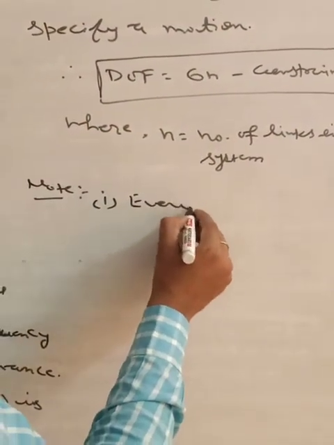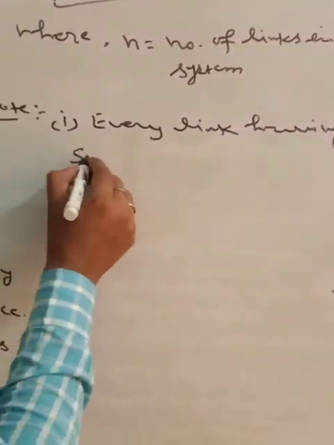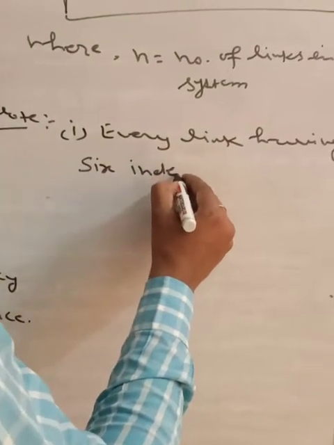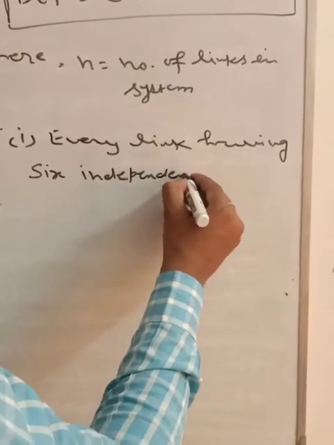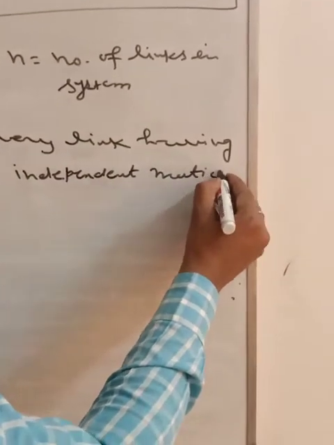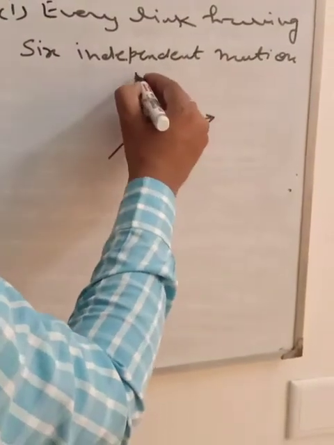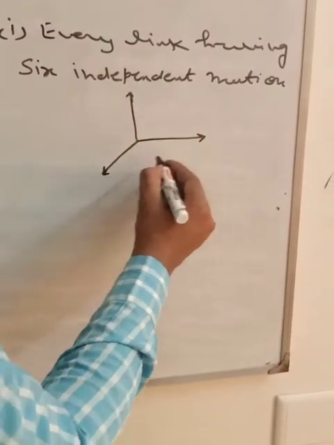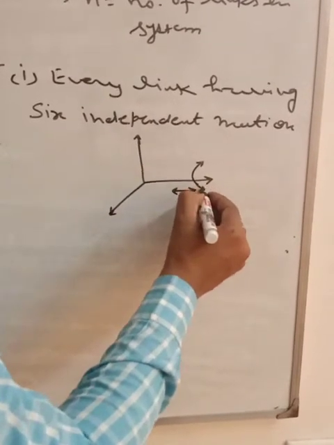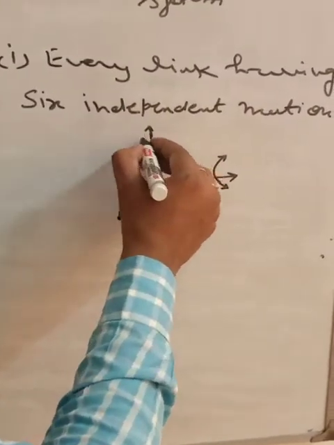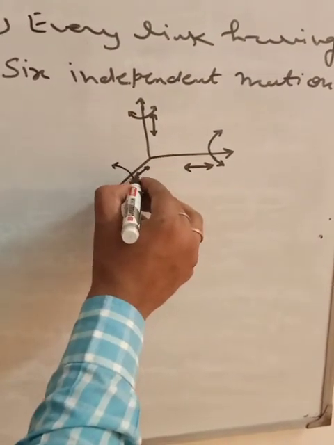Every link has 6 independent motions. If we consider 3-dimensional XYZ, then linear, angular, linear, angular, angular and linear.